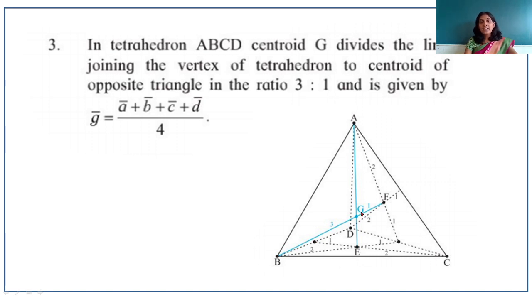So G bar, the position vector of G, is equal to A bar plus B bar plus C bar plus D bar, where A bar, B bar, C bar and D bar are the position vectors of the vertices of the tetrahedron, divided by 4. This is the formula for the centroid of the tetrahedron.